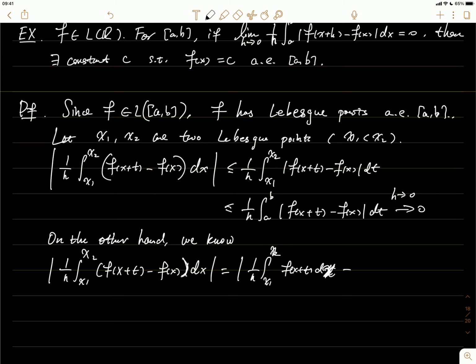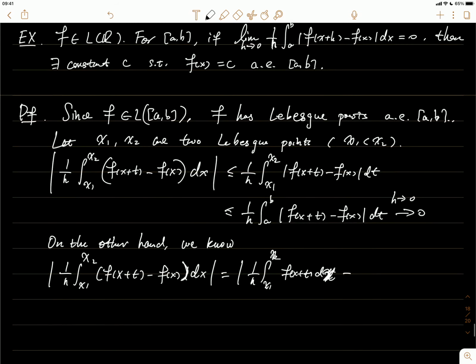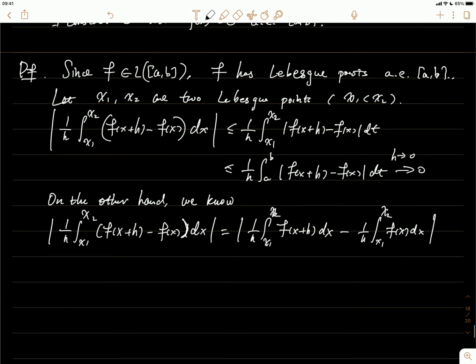Oh, I'm sorry, that should be h here, x plus h, and there is also h here. That's the first term. The second term is just the integral of f(x) dx. All right, so now let's look at the first one.